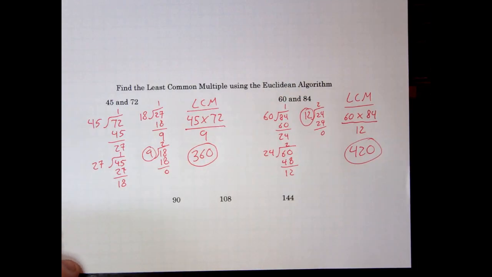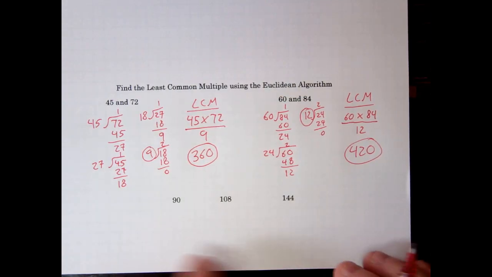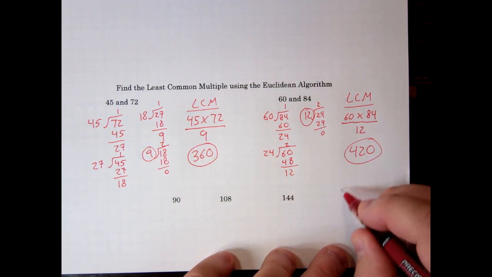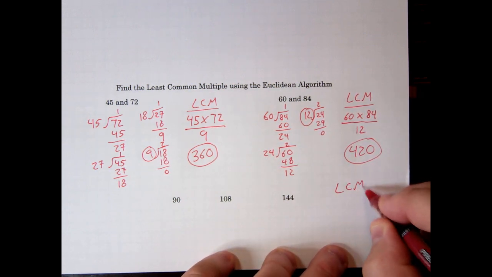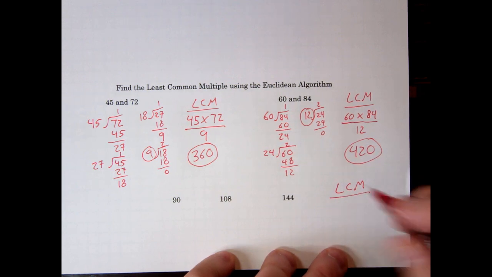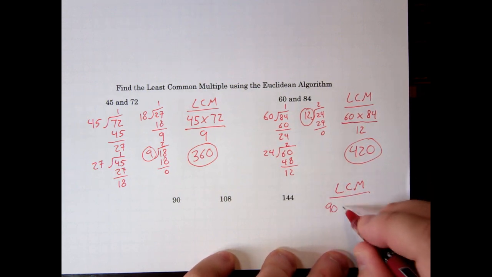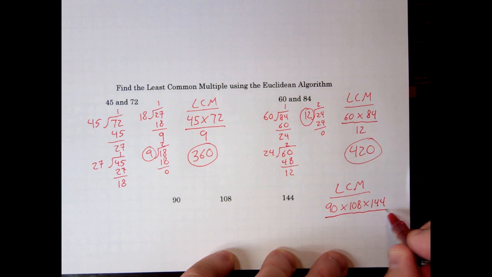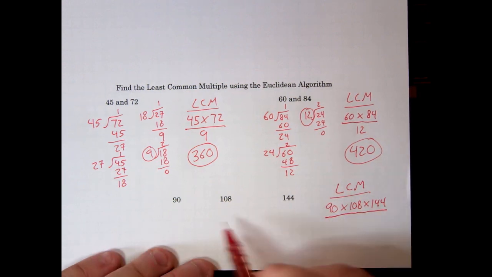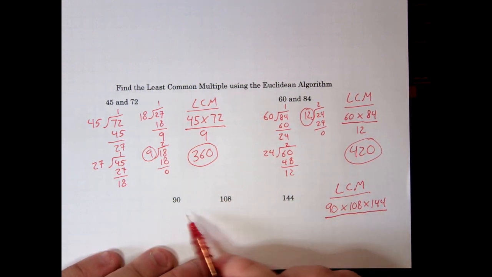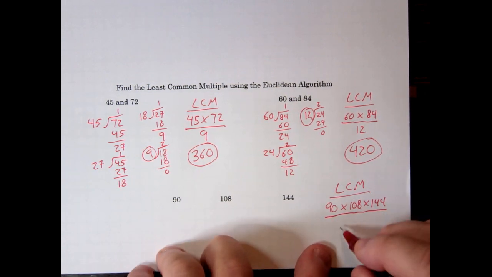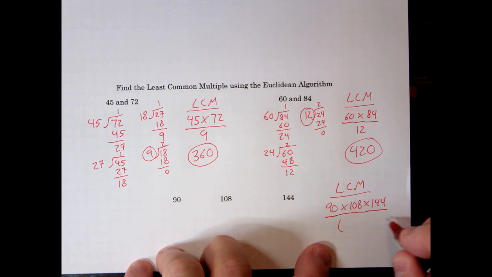Alright, so with 3 of them, and you can go ahead and try this, once you get the greatest common factor, that least common multiple will be the 90 times the 108 times the 144 divided by, and since the greatest common factor would be on all 3 of them, you want to divide it out of 2 of them.